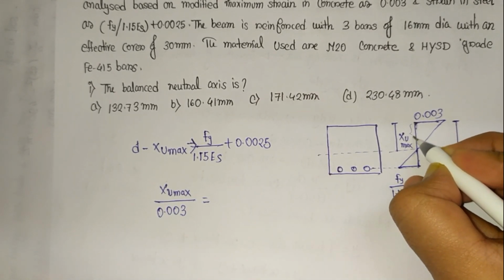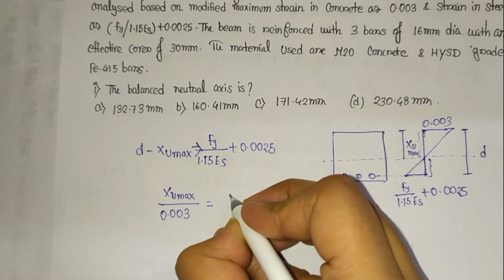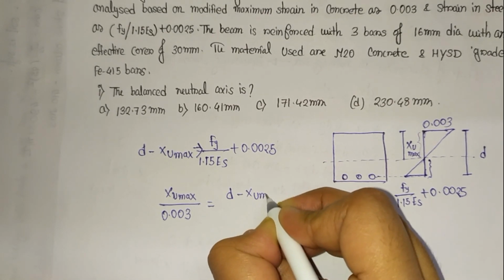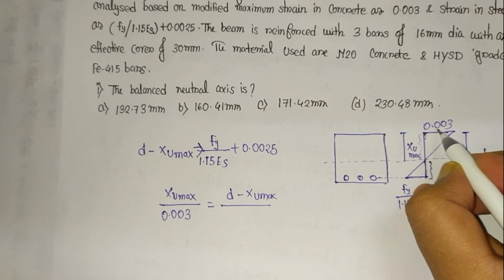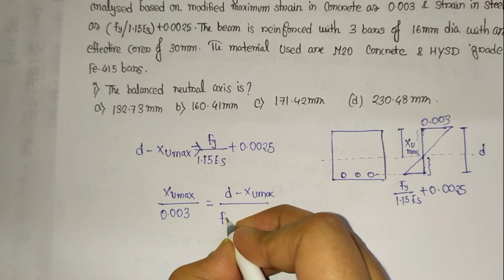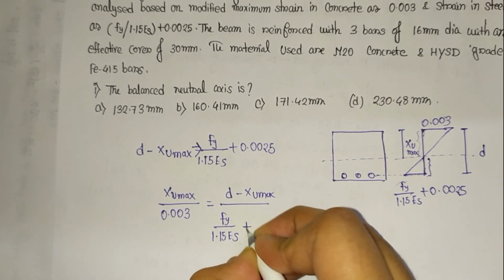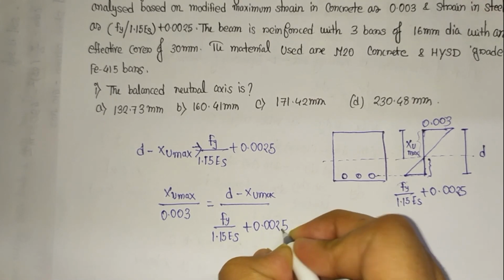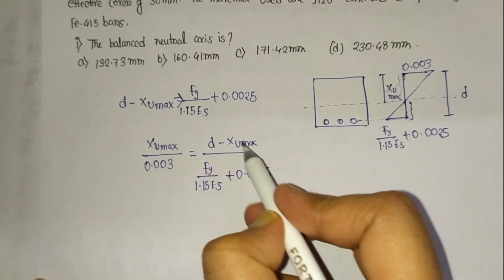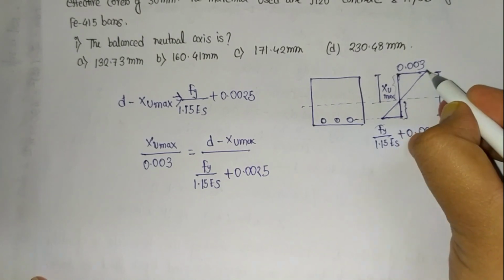From this triangle, this distance is d minus xu max, divided by fy by 1.15 Es plus 0.0025. So we have written this relationship from similar triangles.